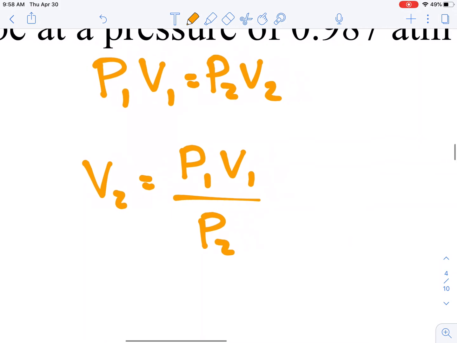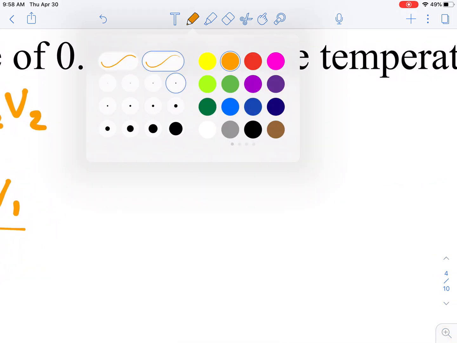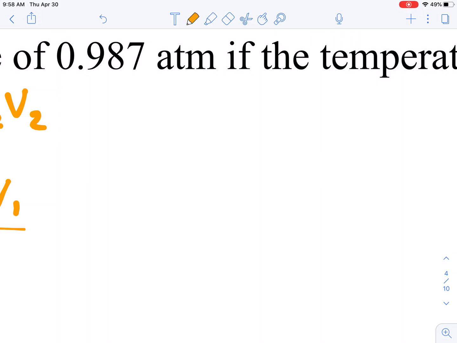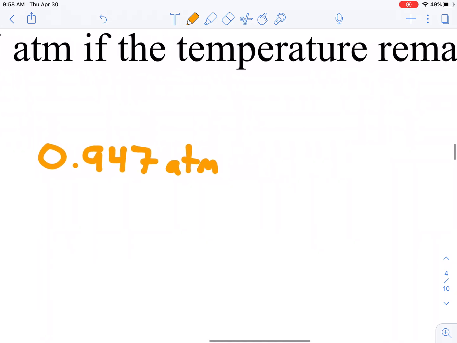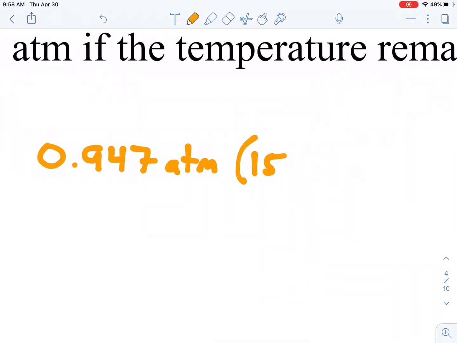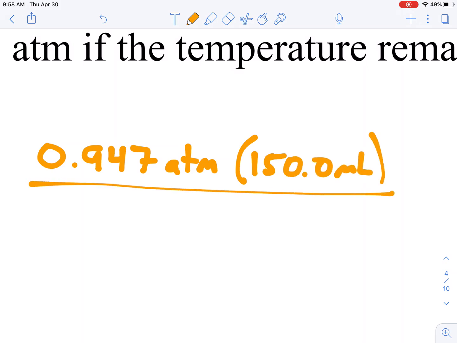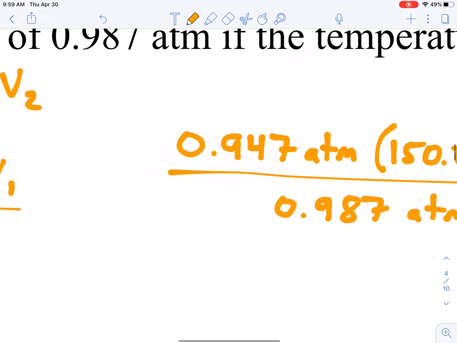We're going to plug in everything that we have, so that initial pressure is equal to 947 atm times that initial volume, which was 150.0 milliliters, over our second pressure, which is 0.987 atm, and this is so we can solve for V2.